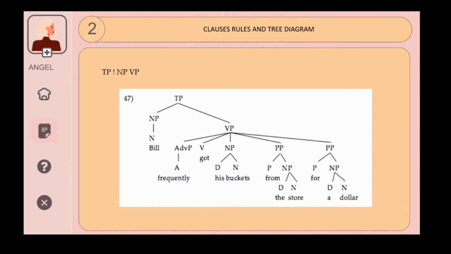The prepositional phrase has a preposition from, and then the noun phrase has the determiner the, and the noun is store. The prepositional phrase has a P for, and the noun phrase is a determiner and then the noun is $1. So the complete sentence is: Bill frequently got his bucket from the store for $1.